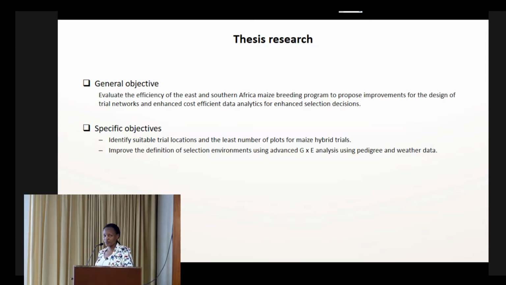So in the end, readers should be able to know a lot of things in detail as they do their selections for their work. Some of the specific items which I will look at are how to identify suitable trial locations, the least number of plots for maize hybrid trials, how to improve the definition of selection environments using advanced G by E.